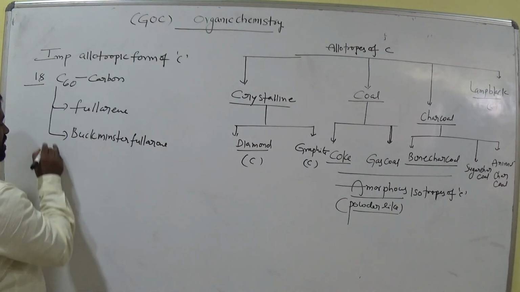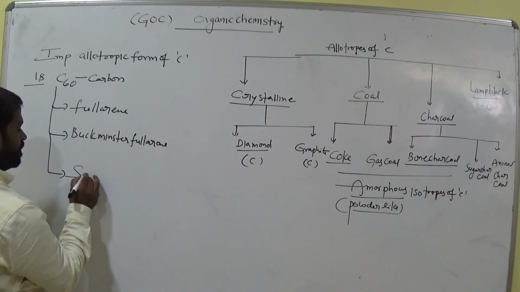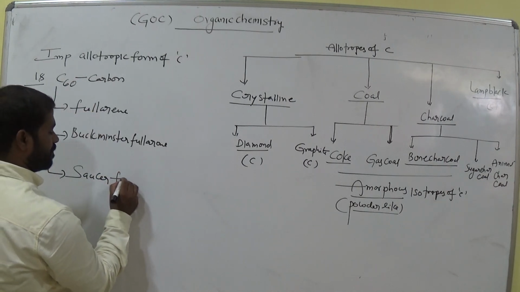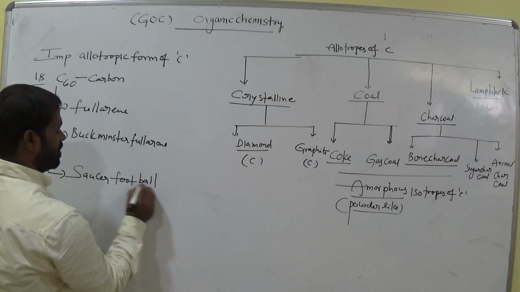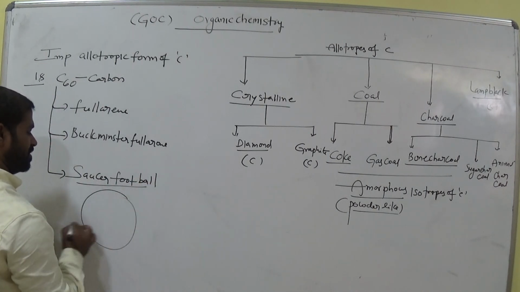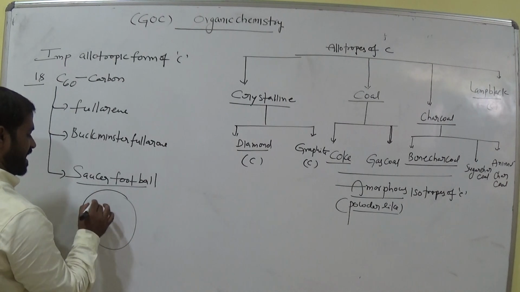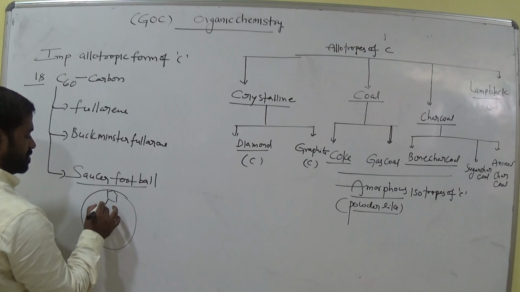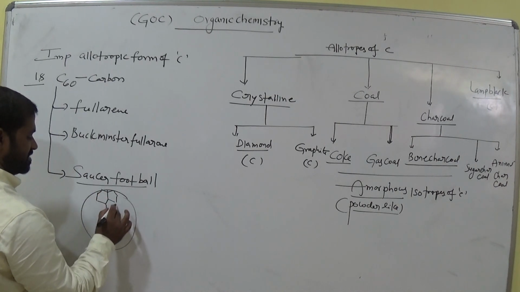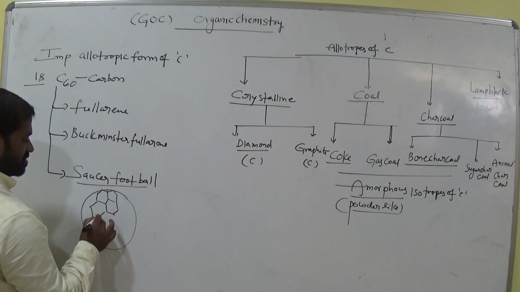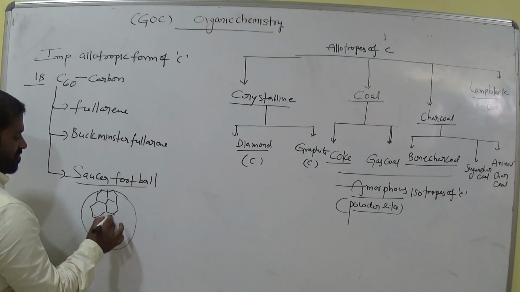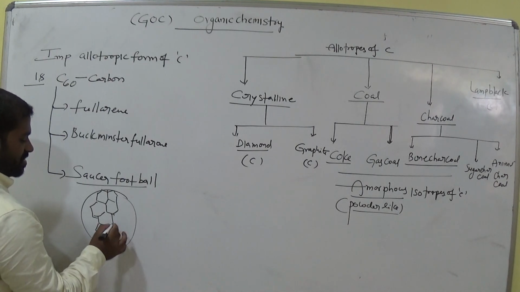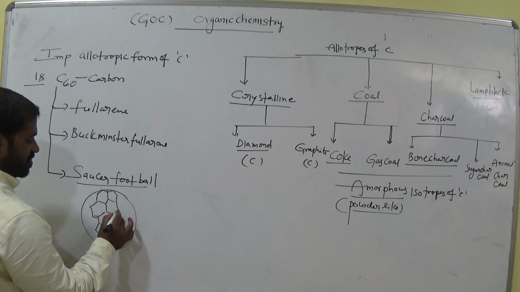The structure of C60 is soccer football like. It has a hexagonal structure, football structure, you know. Some of the rings are hexagonal, some of the rings are pentagonal.